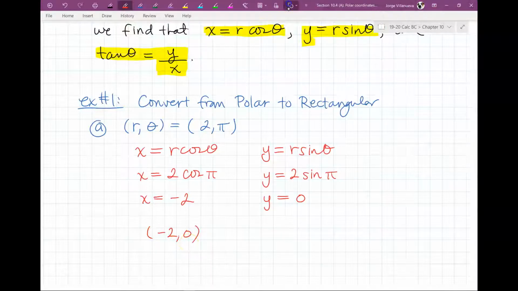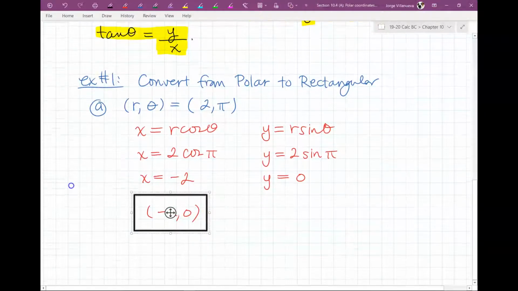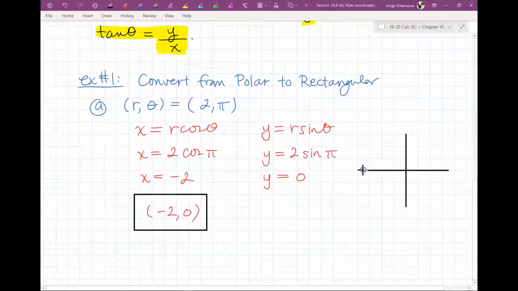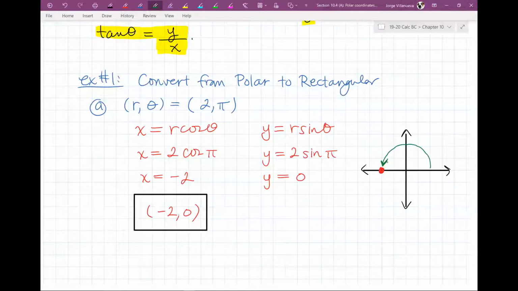Which makes sense. Let me draw this for you just so you can see. Let's get a graph here, something small, nothing major. The point -2, 0 is right there. That's rectangular wise. But if I were to start from this angle here and stop at that point, how much of an angle is that? That's 180, which is pi, right?